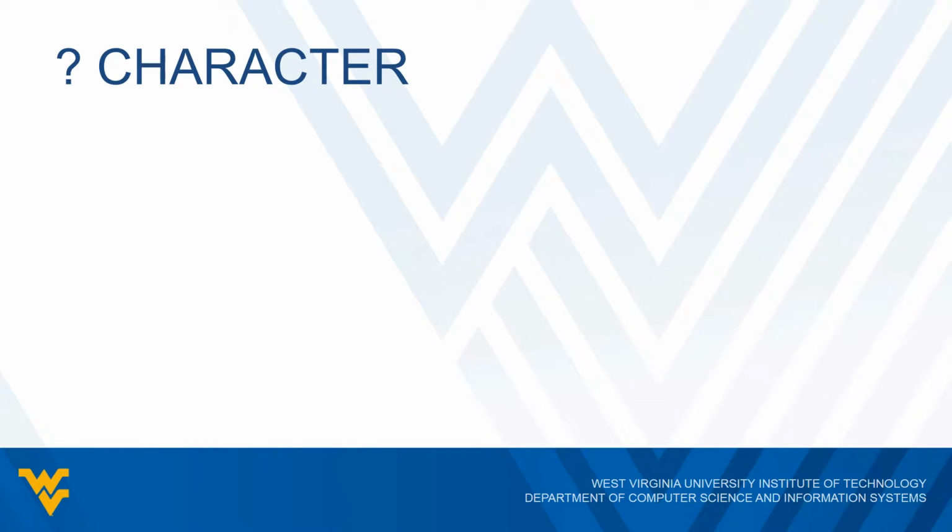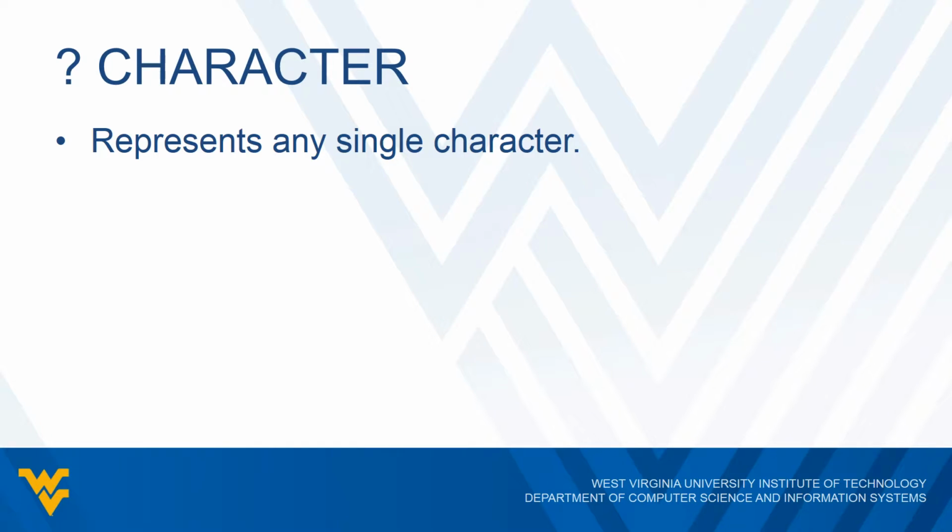We'll start with the question mark character. This is pretty much our wildcard character in that it represents any single character. So if we have a string and we're trying to see if it matches our pattern, the question mark means that any character can be at that spot. Let me give you some examples to help show you how this wildcard character works.